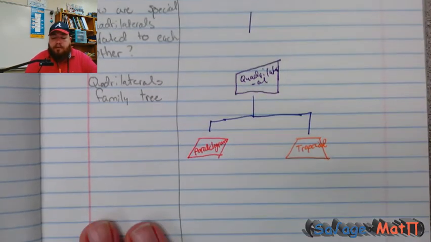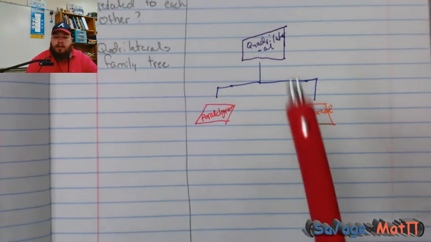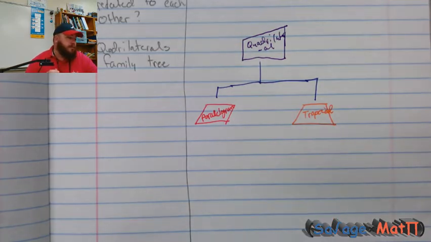Okay, so our first option when we're classifying a quadrilateral, when we look at the family tree, we either go parallelogram or trapezoid. Now, if something's a trapezoid, we just stop right there, because there's nothing else that it could be classified as. There are none of those special cases. But if something's a parallelogram, then a parallelogram has its own family tree.